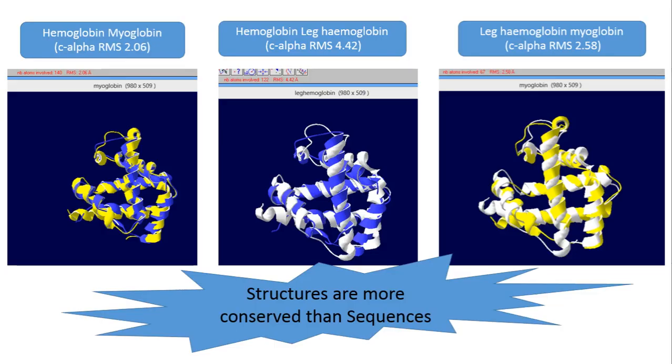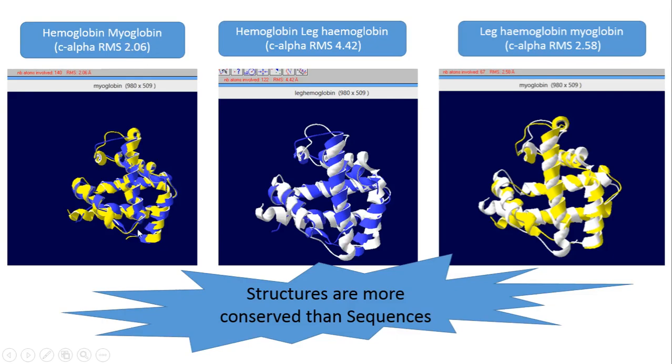In our previous lecture, I demonstrated how we align hemoglobin and myoglobin, and how we subsequently calculate the root mean square deviation.